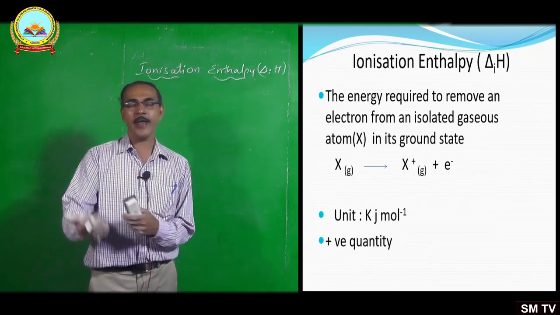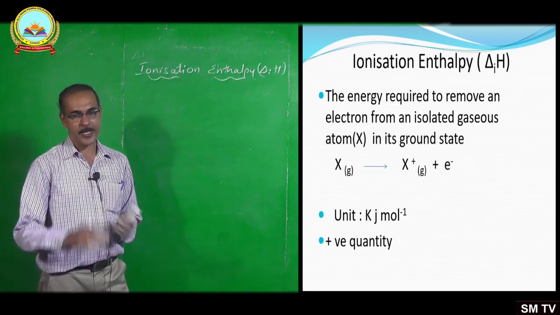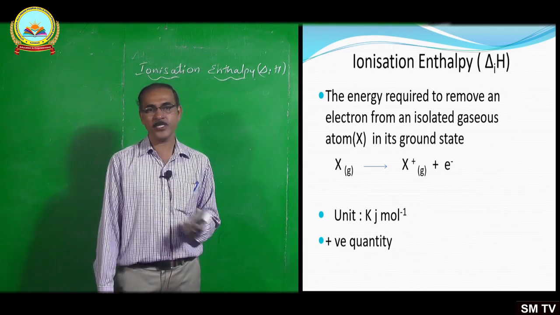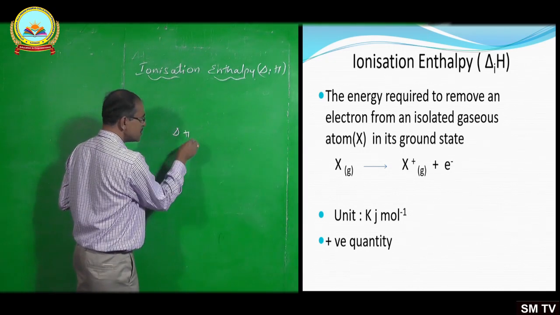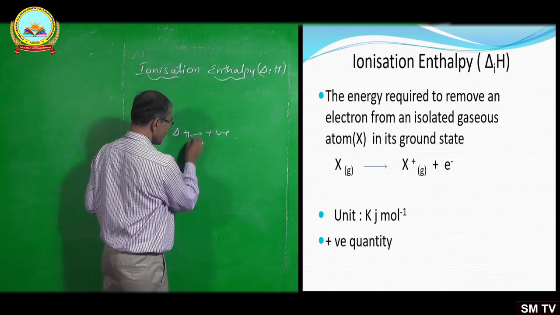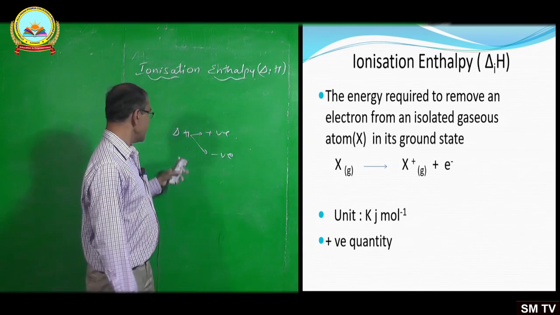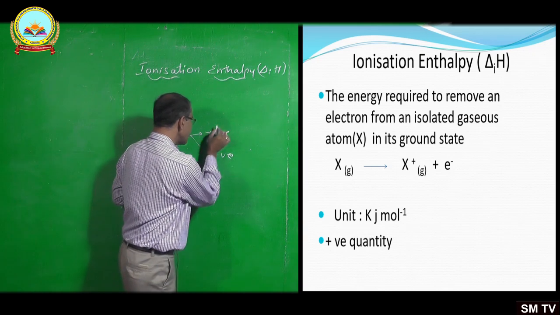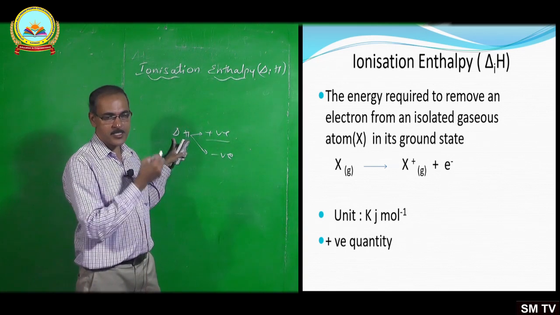See, in any chemical reaction or process, heat change takes place. Two types of enthalpy change take place. That is, delta H can be positive or delta H can be negative. If delta H is positive, it means heat is absorbed by the system.